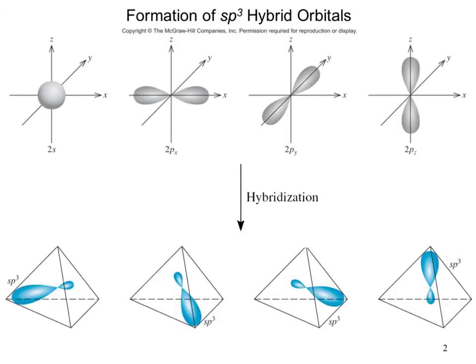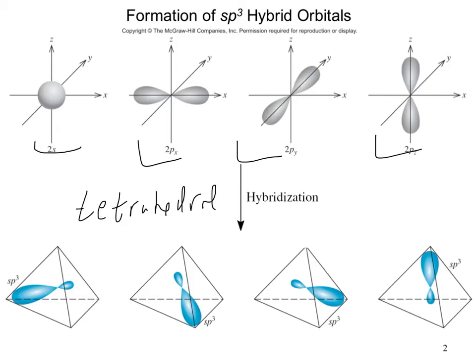Formation of the sp3 hybrids requires one s and each of the three p's. When you hybridize these orbitals, they point to the corners of a tetrahedron. So this gives us a tetrahedral geometry.